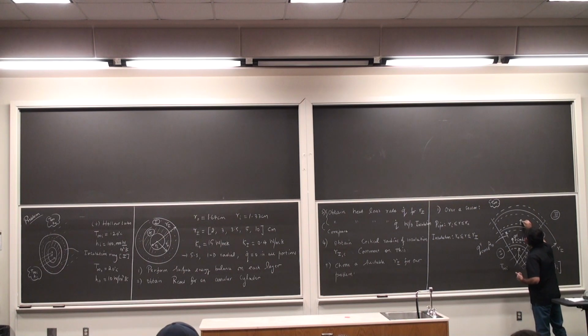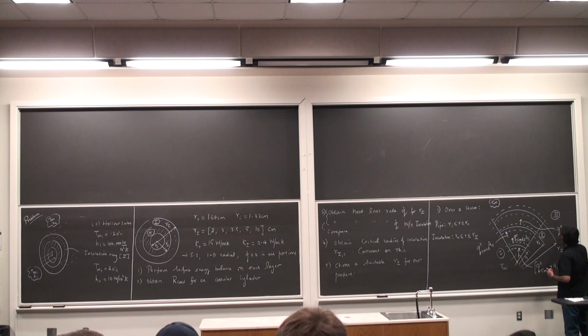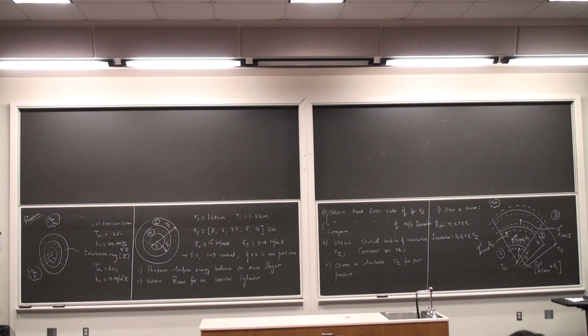So I'm going to have this guy here, Q double prime conduction insulation at that particular radius of R naught multiplied by the area A naught. I'm looking at the heat transfer rate, so flux multiplied by the area is the heat transfer rate.